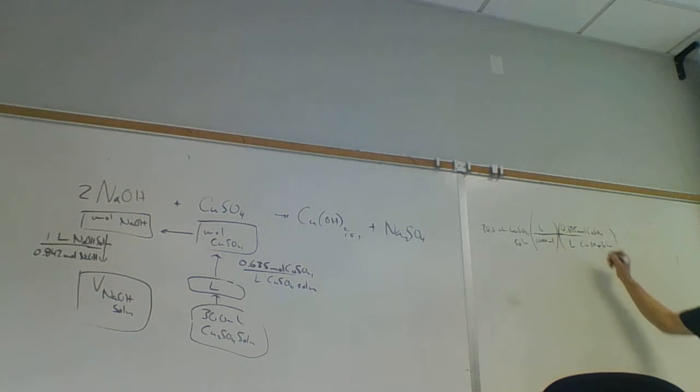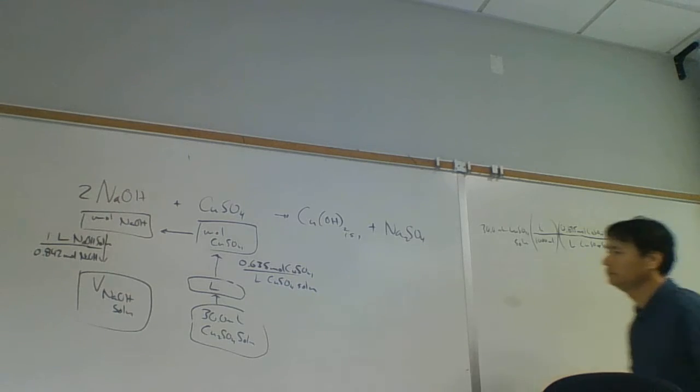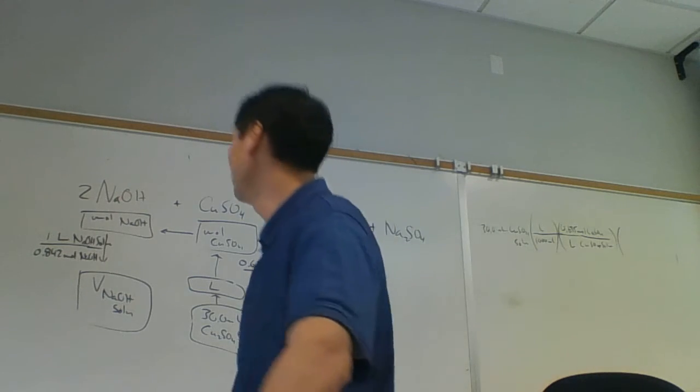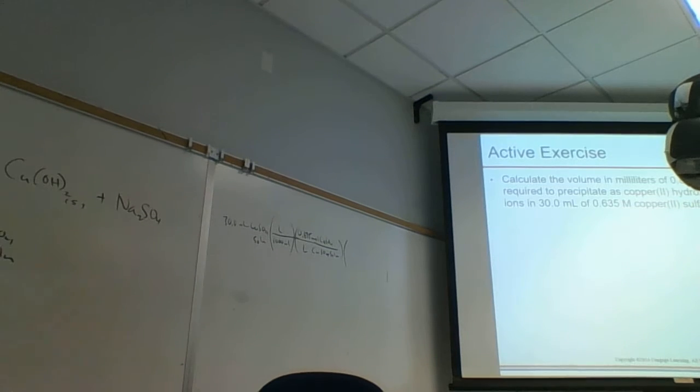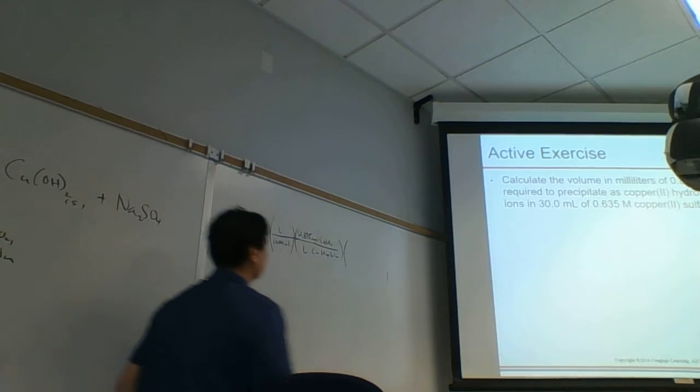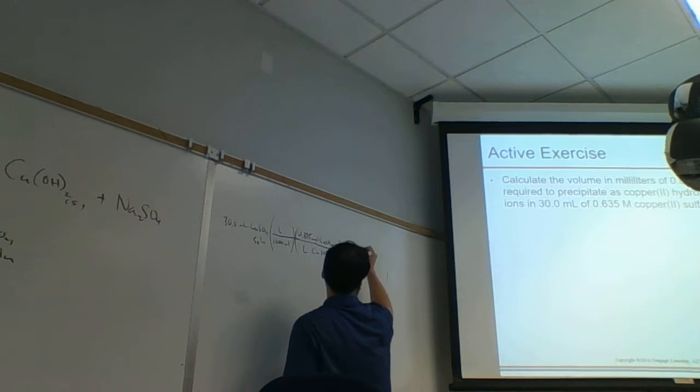Okay, and then do a mole-to-mole conversion here. It looks like a 2-to-1 mole ratio. 2 moles of sodium hydroxide for every 1 mole of copper(II) sulfate.